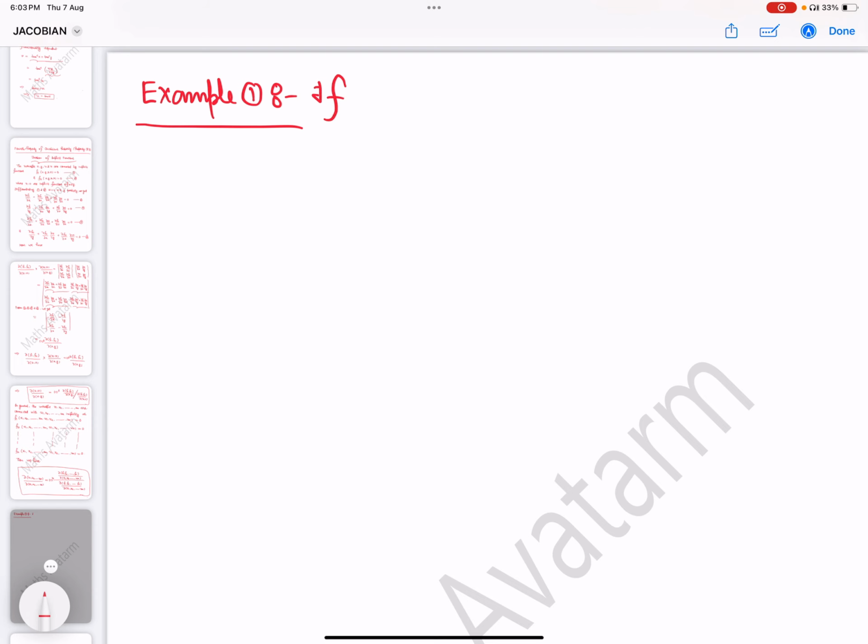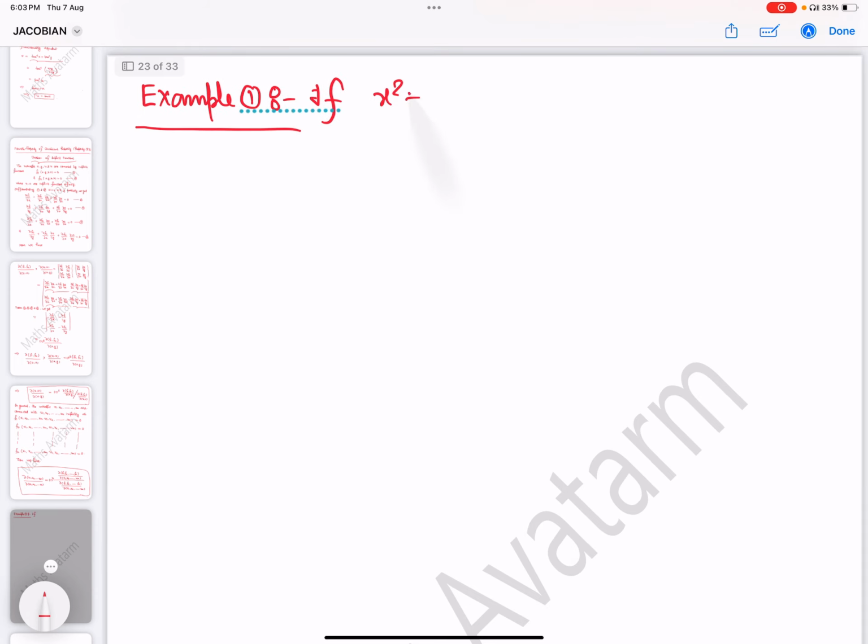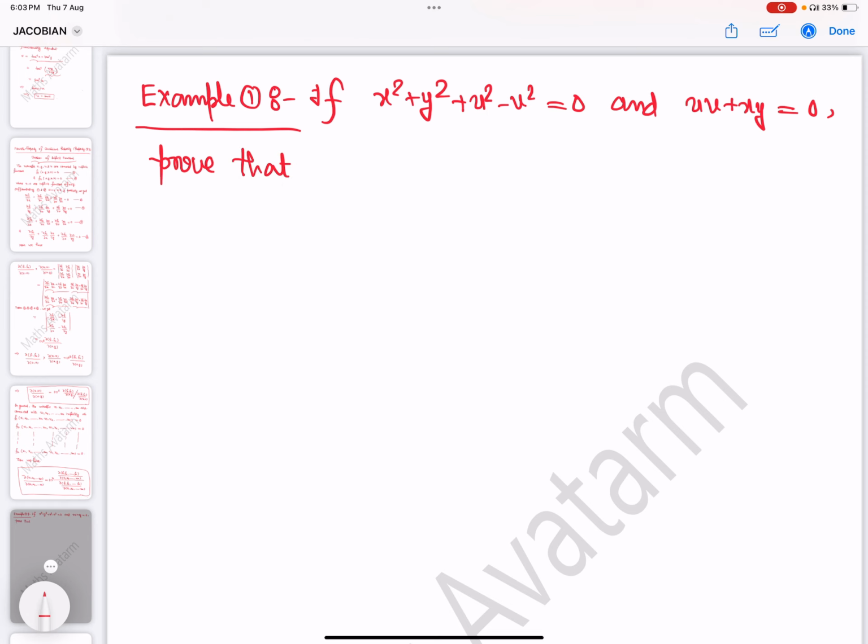If x square plus y square plus u square minus v square equals 0 and uv plus xy is equal to 0, prove that the Jacobian of u, v with respect to x, y is equal to (x square minus y square) upon (u square plus v square).